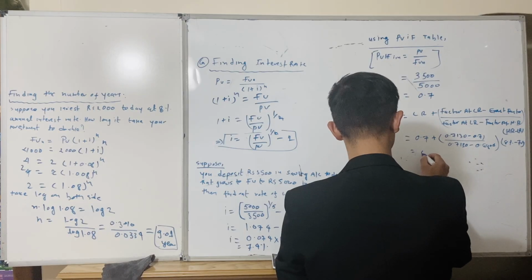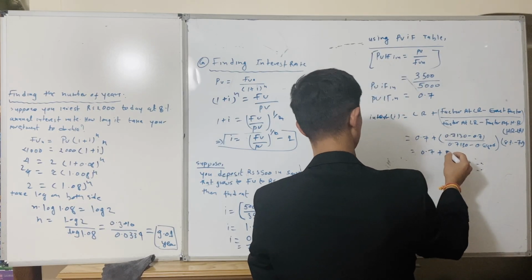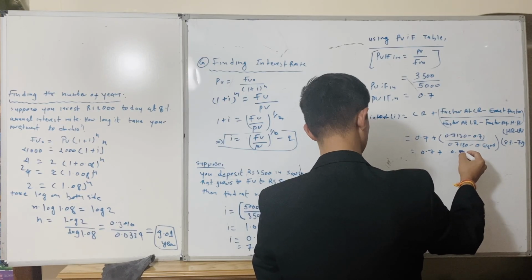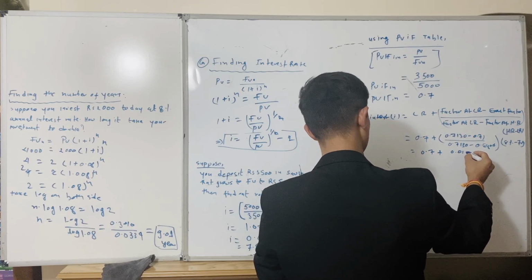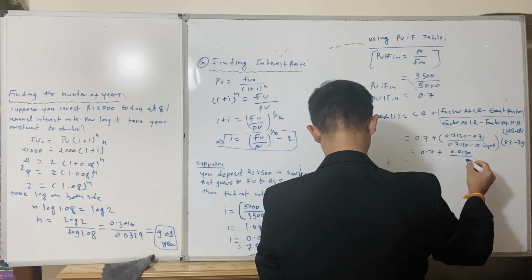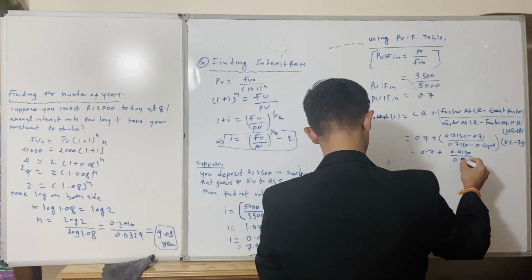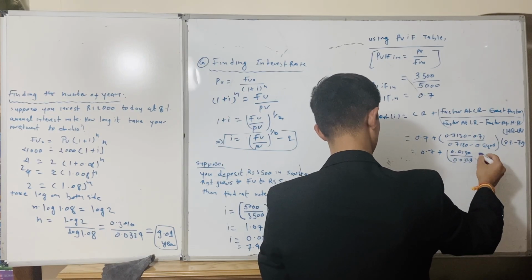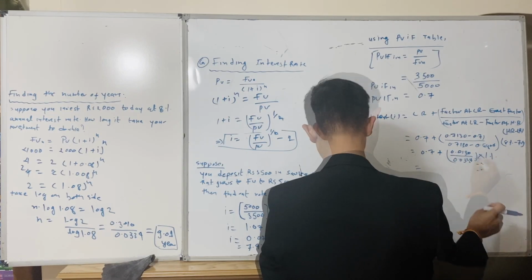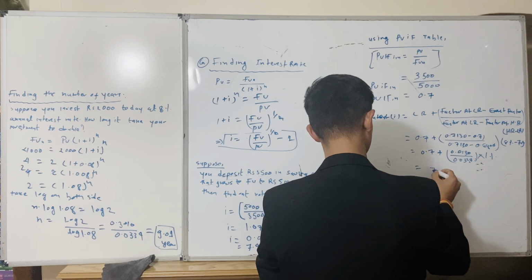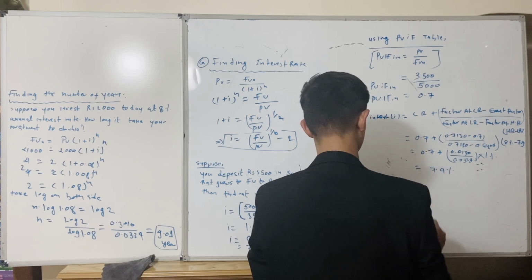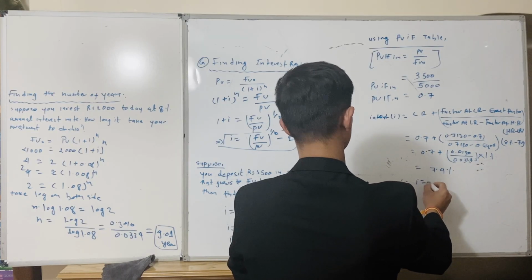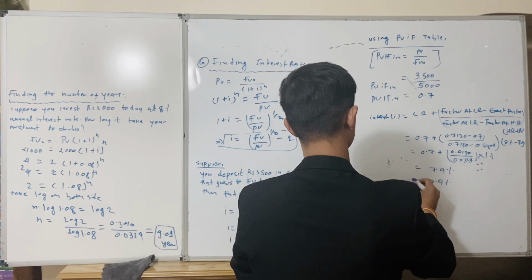We get 7% plus 0.0130 divided by 0.0324 multiplied by 1%. So in this way we get 7.4%. So the rate of interest is 7.4%.